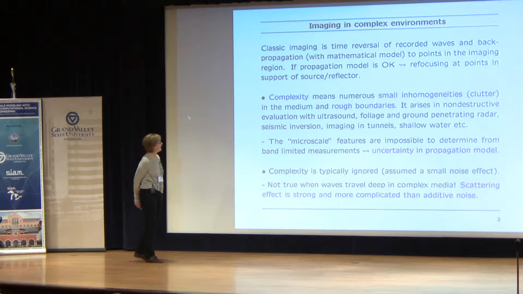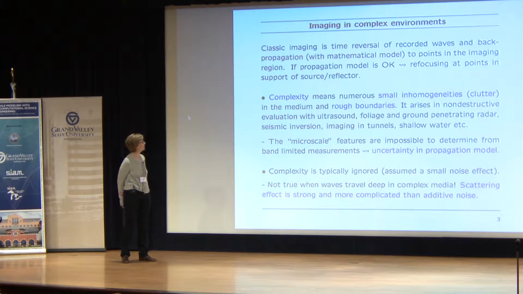And the idea is that if the propagation model, the one that you use to backpropagate the waves to the points where you form the image, is accurate, then what you will see is refocusing of the waves at the points in the support of the unknown sources or scatterers that you wish to find. Why is this so? It's basically the time reversibility of the wave equation. Okay, so it's like running a movie in reverse if you have the correct model.